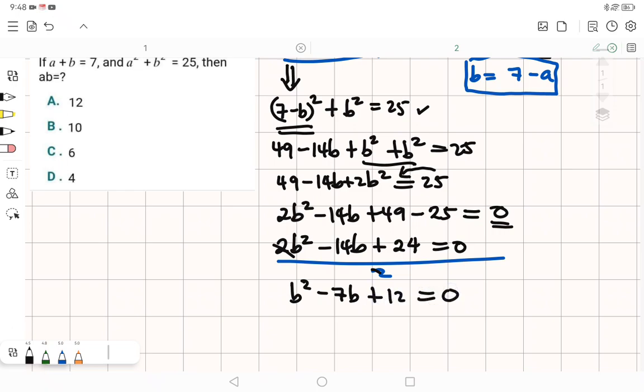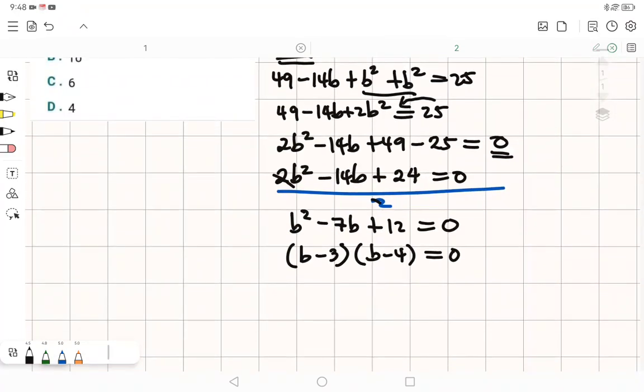Now, after that, I think we can use factoring. What are the factors of 12 that give us negative 7? The factors will be b minus 3 and b minus 4. To solve for the value of b, we equate both of these factors to 0.